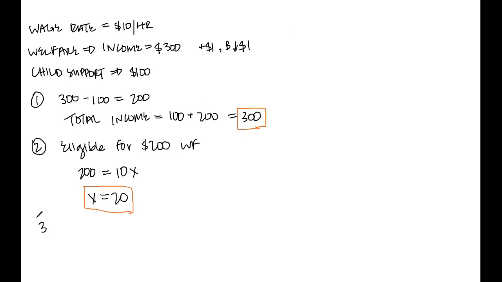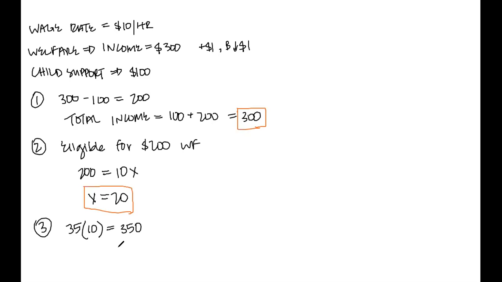And then finally, for the last one, what is Tatum's total weekly income if she works 35 hours a week? How much of this income is from welfare, child support, and labor market earnings? So she's working 35 hours a week, so 35 hours times her wage rate of $10 equals $350.